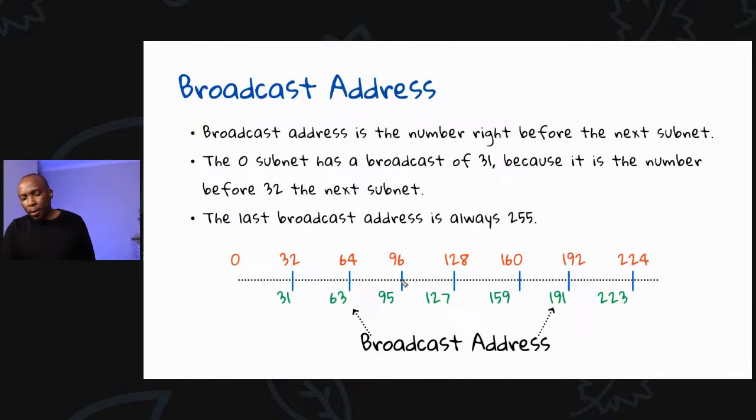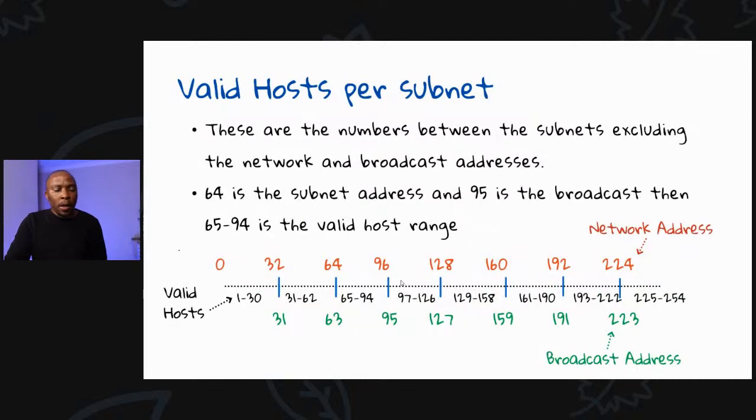And the valid hosts per subnet are the numbers between the network address and the broadcast address, because those are the 2 addresses that we cannot use. The network address is always the first address in a subnet, and the broadcast address is the last address in the subnet.